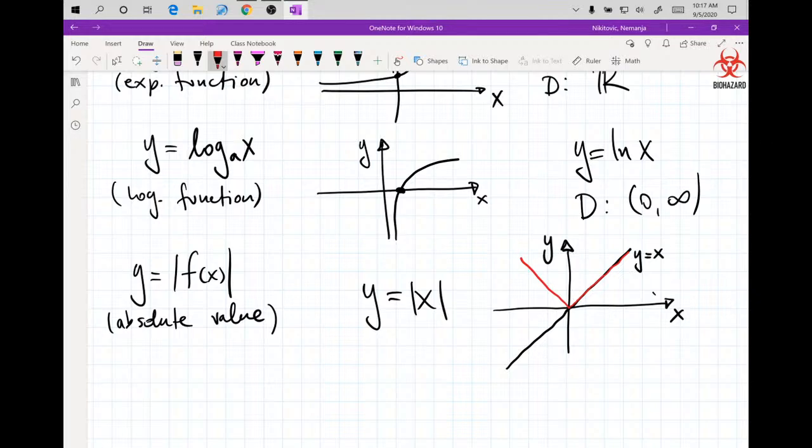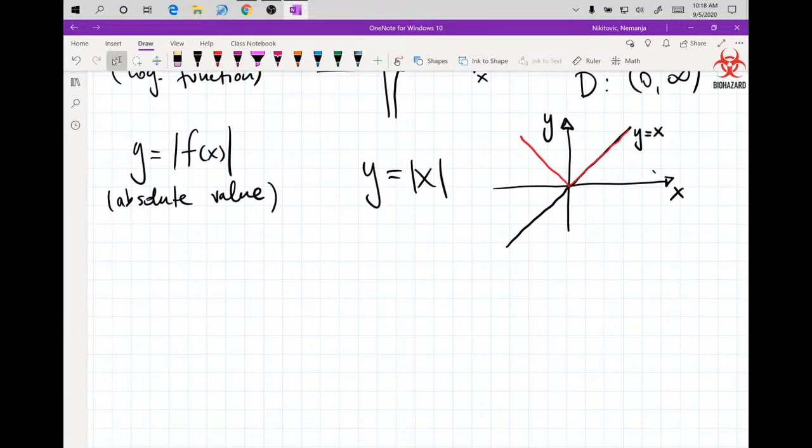Remember, the answers that you get out of the absolute value are always positive values. So all y's need to be positive. So for absolute value graphs, anything under the x-axis will jump up, and whatever was above the x-axis will stay where it is.